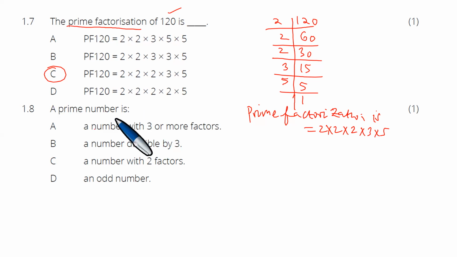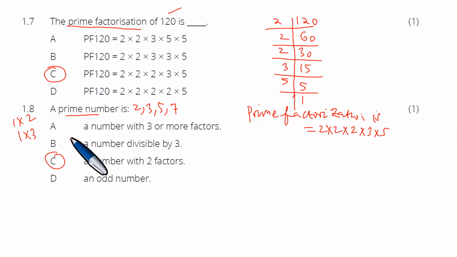A number with 2 factors amongst this. Right, because a number with 3 factors is not really prime. The number 2 is prime, the number 3 is prime, the number 5 is prime, the number 7. So they have the factors 1 and 2 only, or 1 and 3 only. So these prime numbers are only divisible by 1 and themselves. You get the point.